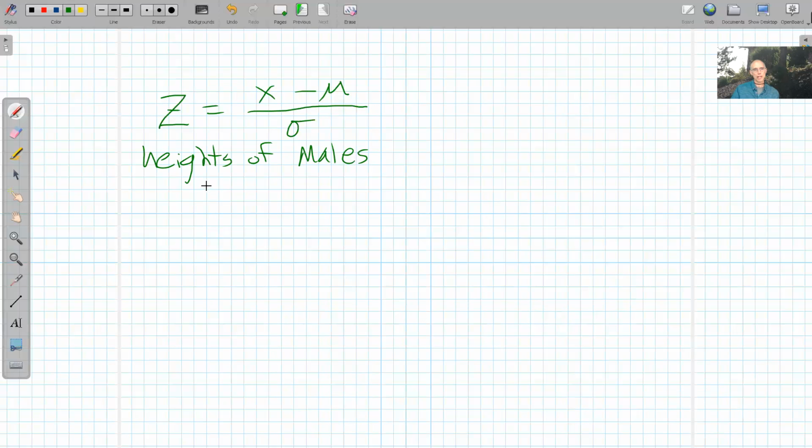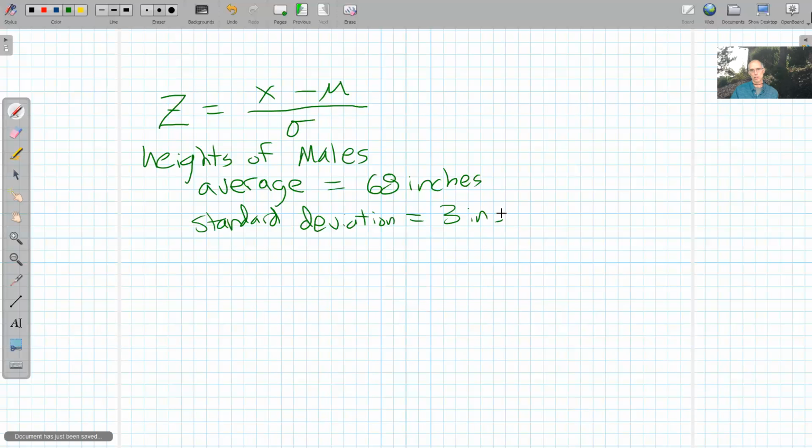And we're told that the average male, say in Oregon, is 68 inches tall. And then we would be given a standard deviation. And let's say the average spread for males in Oregon is 3 inches.